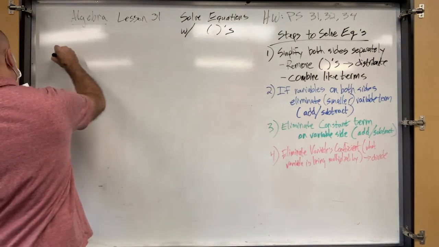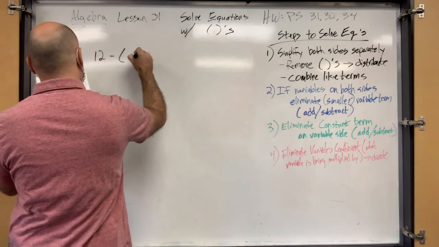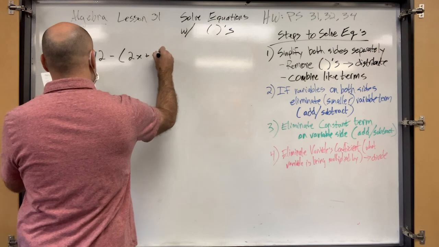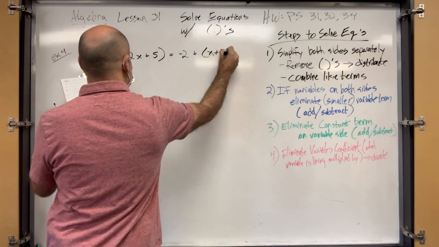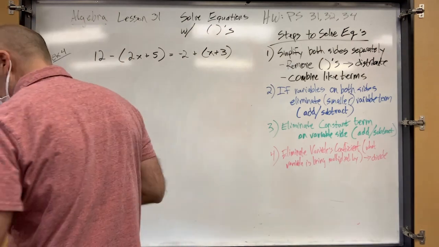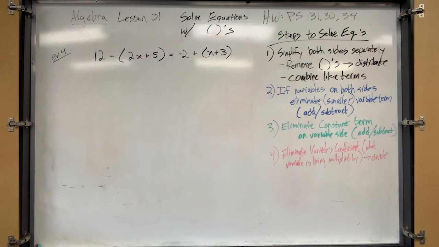Here's example 4. It looks very similar to what we've been doing. So we still have to get rid of parentheses. We still have to combine like terms. But what's different about this? Why does this look different?